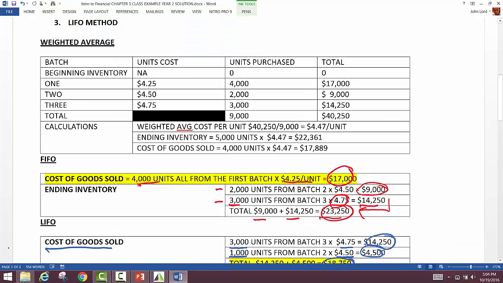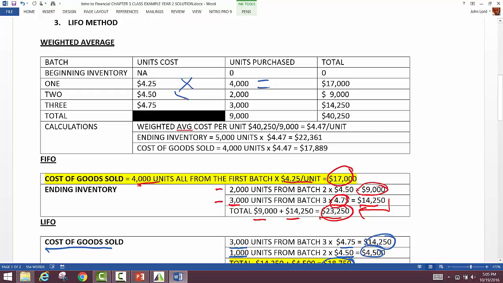LIFO, FIFO, weighted average is the other method. Weighted average, it turns out, is the easiest of the three methods. Weighted average is a piece of cake. We sit here and we look at how we purchased these. We purchased 4,000 at $425, didn't we?